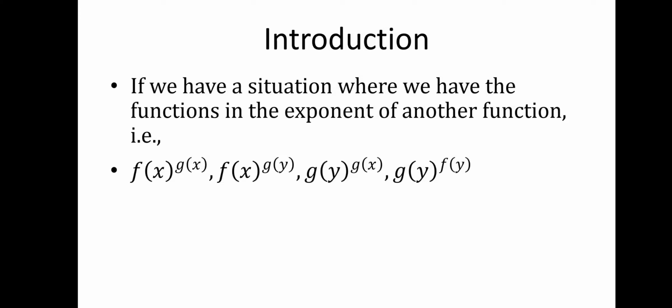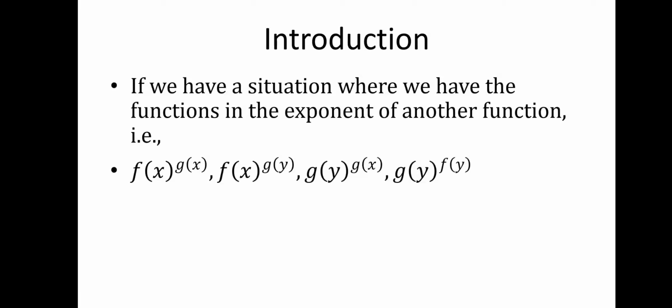And it's not only in this kind of situation. You can also make use of logarithmic differentiation if you have a uv form, meaning two or more functions multiplied or divided. Why? Because if the functions are multiplied or divided, by applying log on both sides you can turn those multiplications and divisions into addition and subtraction, because we know log of mn equals log m plus log n, and log of m by n equals log m minus log n.